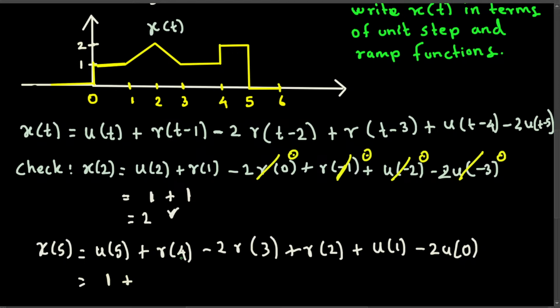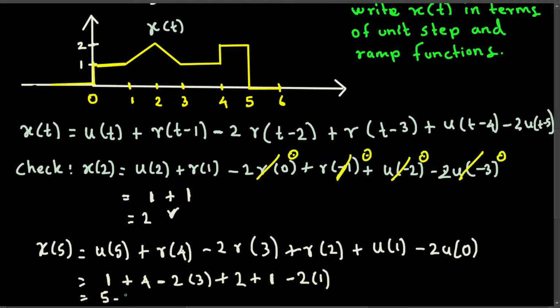For r of 4, the ramp function always takes the value of the time, so if the time is 4, the ramp function is 4. And then here 2 times the ramp function is 3, so this is going to be 3 as well, and then the ramp function is 2, so this is going to be 2, and then u of 1, u is 1 for 0 and positive values, so that's 1, and then u of 0 is also 1.